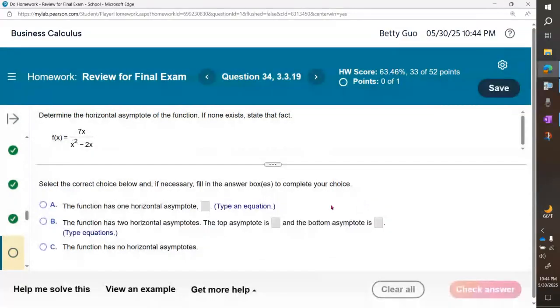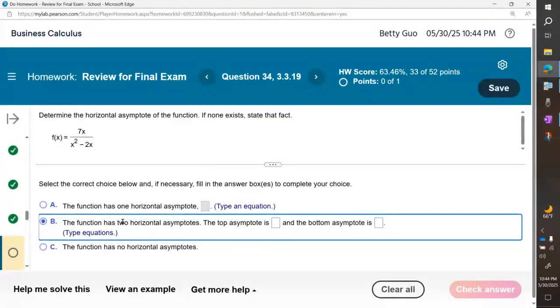Question number 34 is to find the horizontal asymptote. As I mentioned, to find the horizontal asymptote of a rational function, we look at the degree of the numerator and the degree of the denominator. In this problem, the degree of the denominator is 2, the degree of the numerator is 1, so the degree of the denominator is bigger. In this case, the horizontal asymptote is y equals 0.